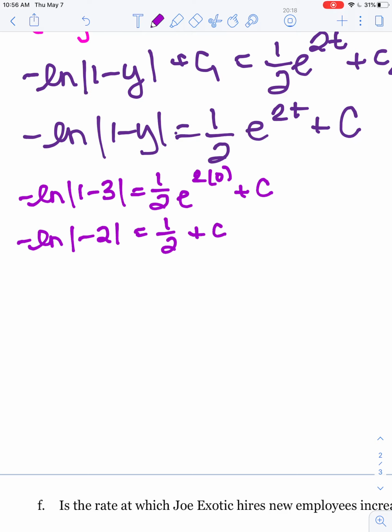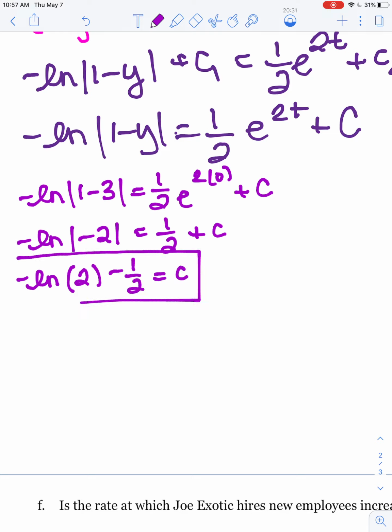Okay? And then we have our plus c. On the left-hand side, I can recognize this as just being the natural log of 2. And then I can bring over the 1/2 to solve for c. Okay, so I have found that this constant of integration is negative natural log of 2 minus 1/2.